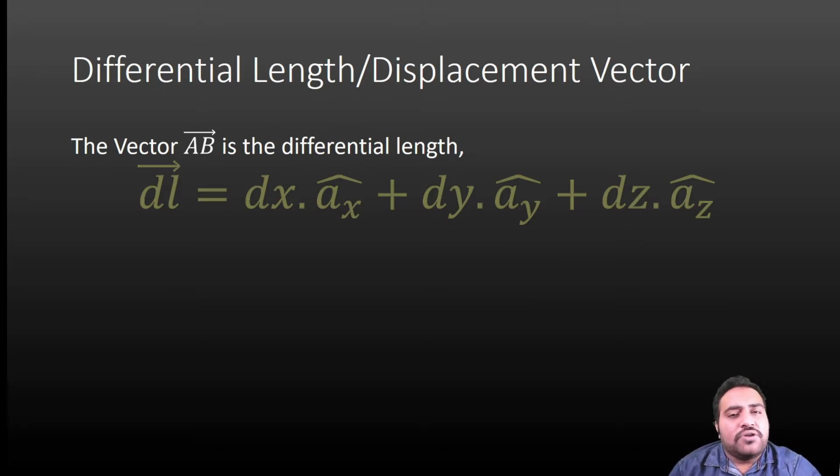Now, out of these three, for dl to exist, the minimum requirement is that the change be in at least one variable. Nobody is stopping you from making change in 2 or 3 variables, but minimum requirement is that of a single variable.